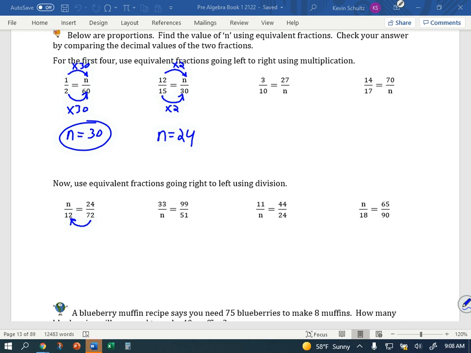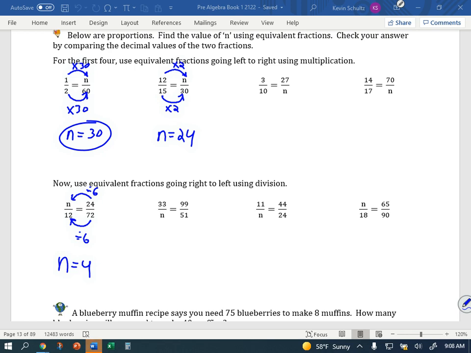Remember, we can find equivalent fractions with division also, right? 72 divided by what number is 12, Tony? Divided by 6. So what are we going to do to our 24? Divide by 6. What do we get? 24 divided by 6? 4. So n equals 4.